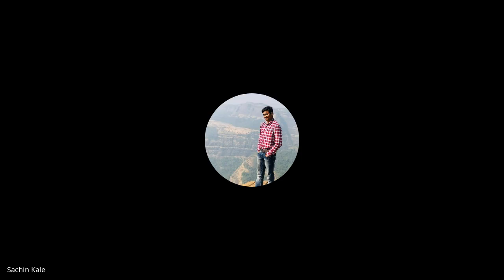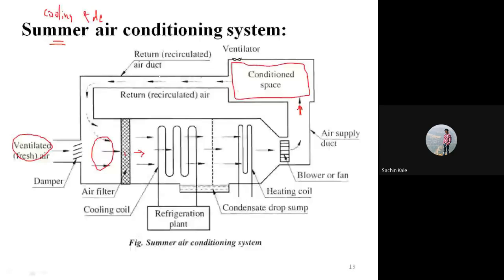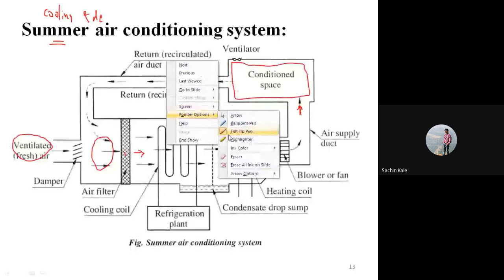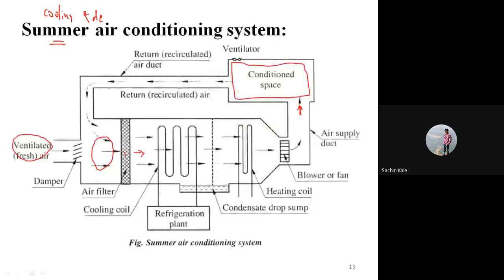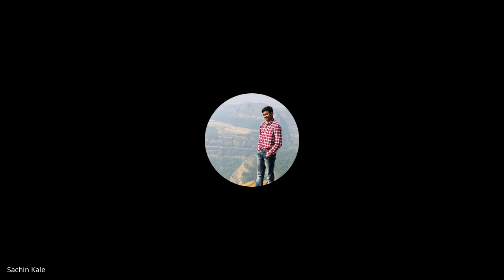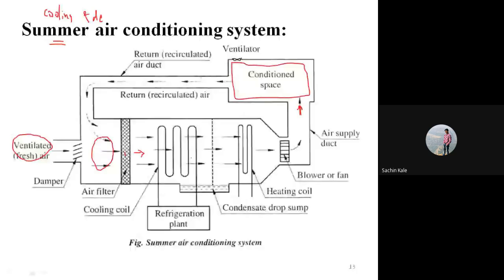So the mixed air will be passed over the cooling coil. Here the surface temperature of the cooling coil will be maintained much below the temperature which we require inside the conditioned space.